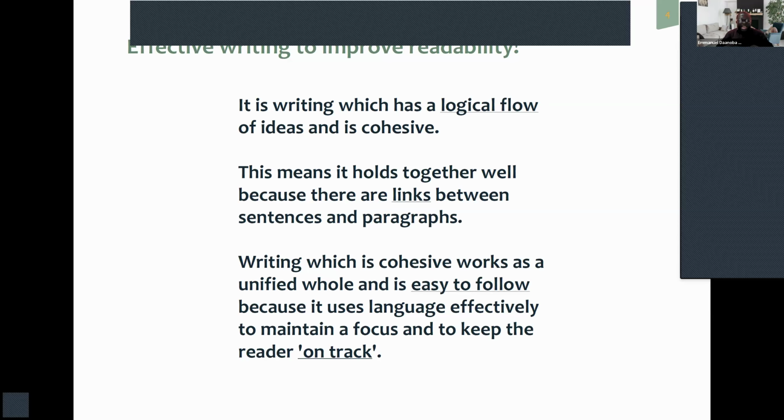This means it holds together well because there are links between sentences and paragraphs. So the kind of writing that you do, which is cohesive, is always a unified one, and it has an easy flow. People will be able to follow because it uses language effectively to maintain a focus and to keep the reader on track.